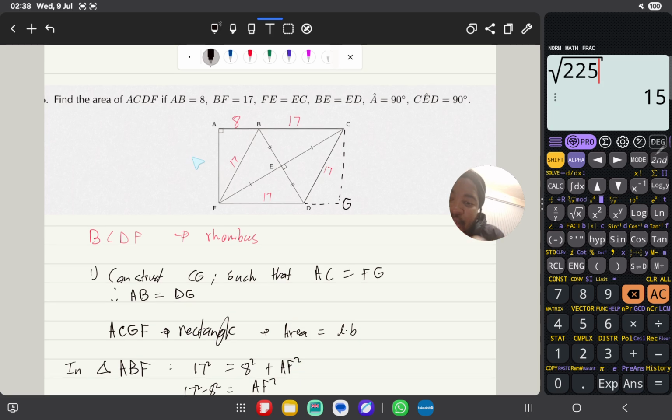So we have just calculated this side is 15. So we are working from what you know.